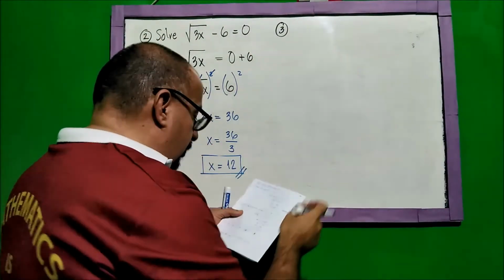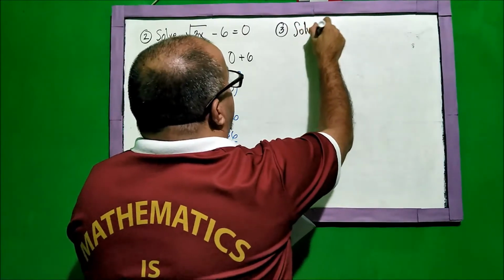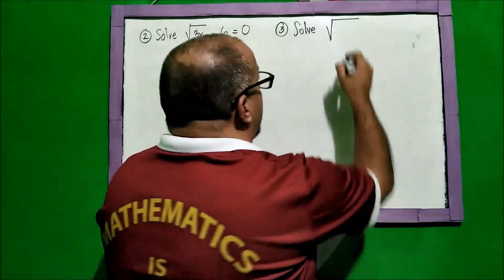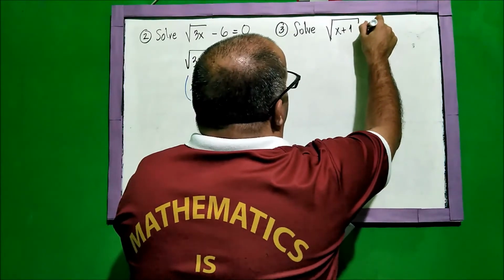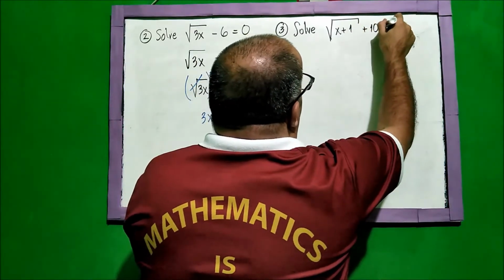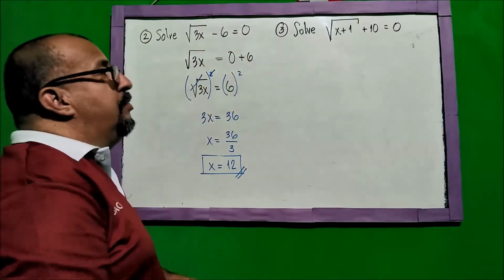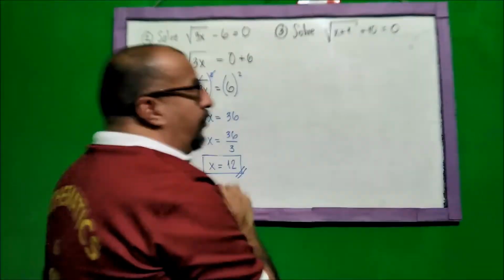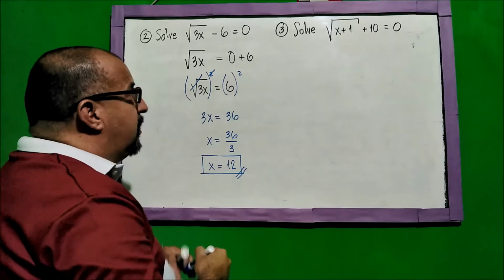Example number 3 tells me that I need to solve the following equation. Square root of x plus 1 plus 10 equals 0. Now, when I have that situation, what I need to do again is isolate my root from the rest of the equation, and then let's see what can be done.